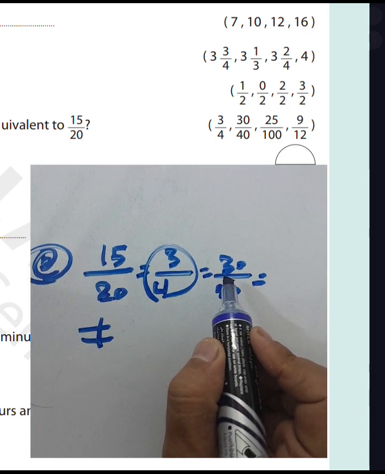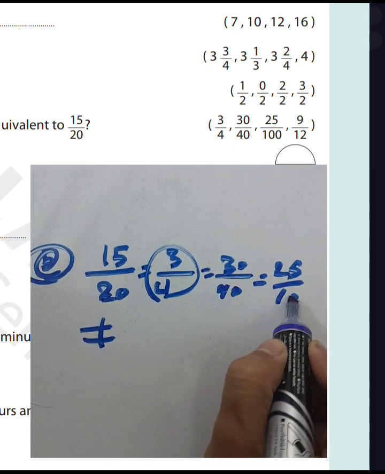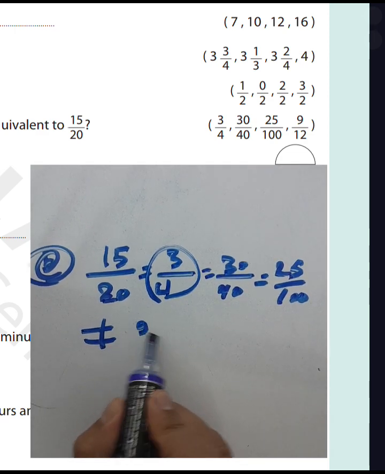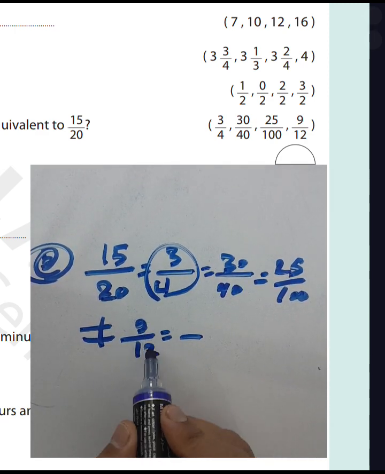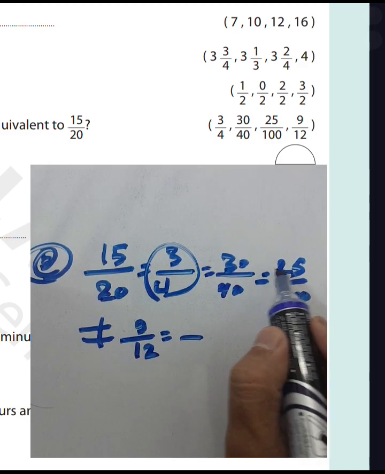And what about 25/100? And 9/12, equivalent or not? We can divide it by 3. Here it's not equivalent, this number.